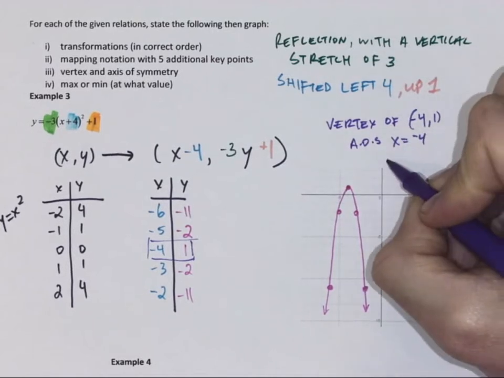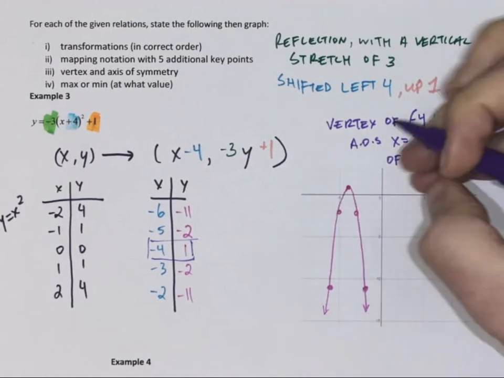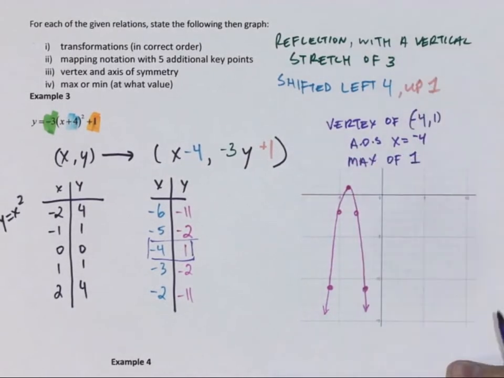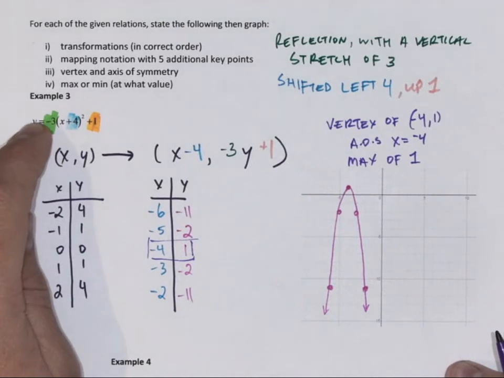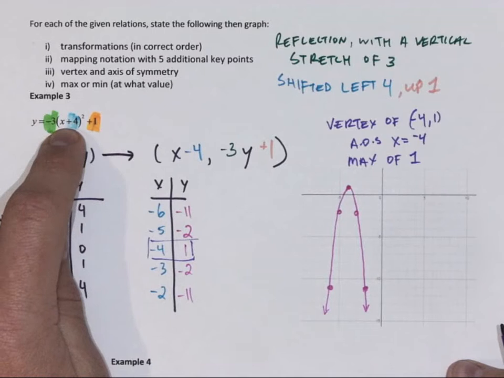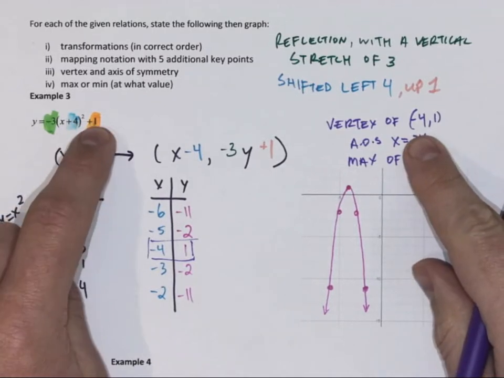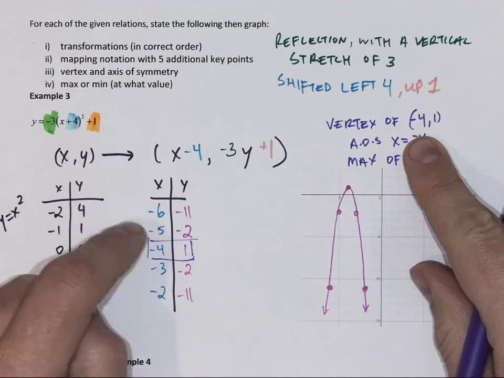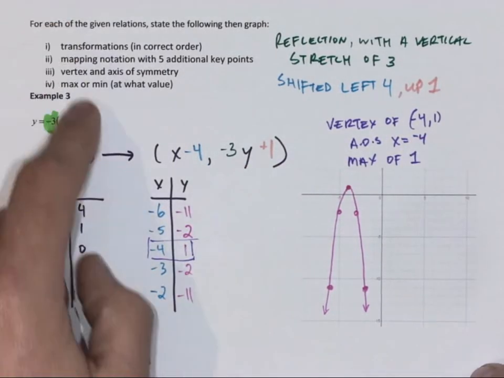My max or min is the y. It opens down, so it has a maximum, a max of 1. Again, I can take that from my graph by saying negative opens down, so that's my maximum. My axis of symmetry is my x value for my vertex, negative 4. Negative 4, positive 1, there's my vertex right away. And here's mapping notation. So I filled out all that.